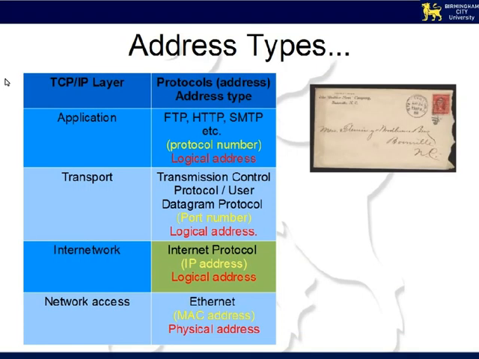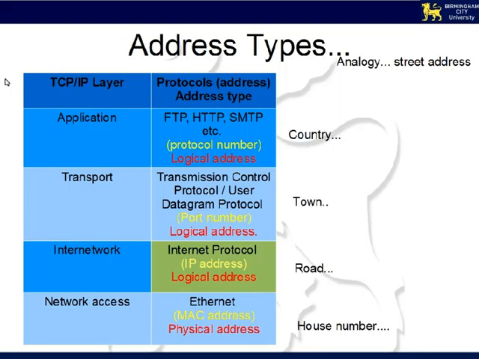So if we take an analogy here of a postal letter, if we think about the type of structure we have in the address for a postal letter, we'll see how that links to the structure of the TCP/IP model and the different addresses at each layer. So we can see that we've now put alongside the different layers and the different addresses different components of a street address that tell us something different about where that particular house or building is located.